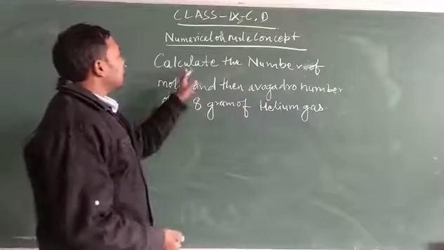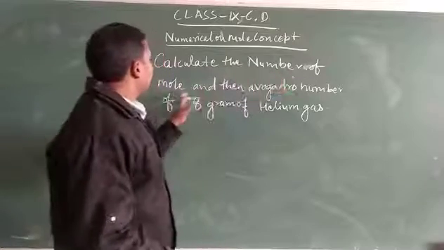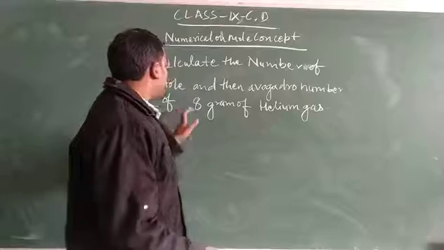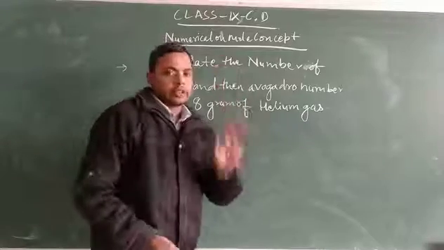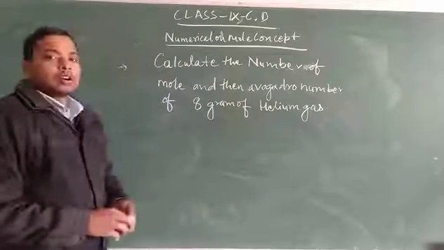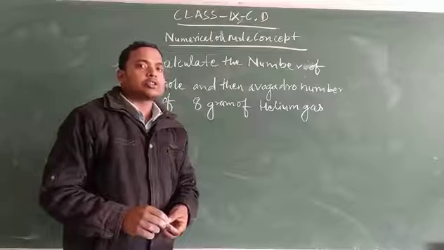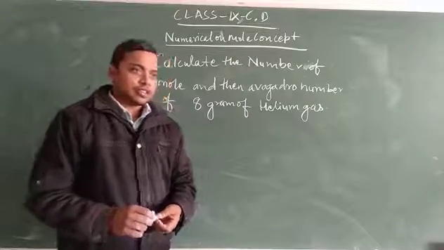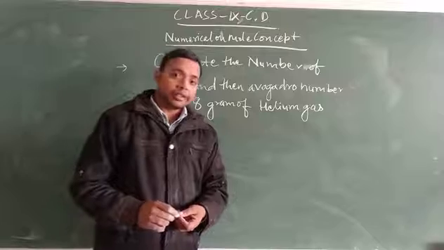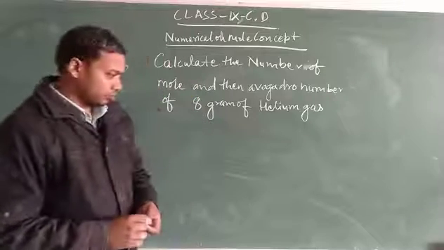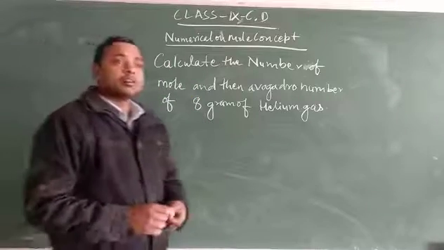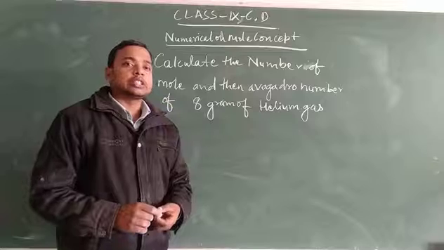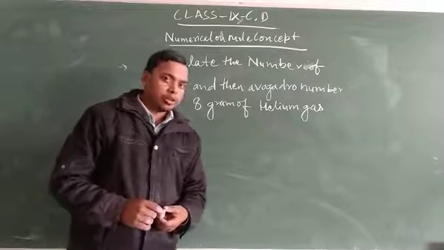Question is, calculate the number of mole and then Avogadro number of 8 gram of helium gas. Helium gas is a monoatomic gas because it is an inert gas, because its duplet is complete. It doesn't need to react or exist in the diatomic form of molecule.